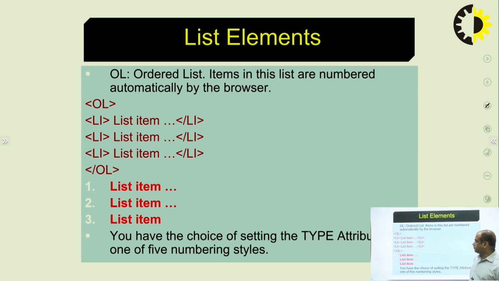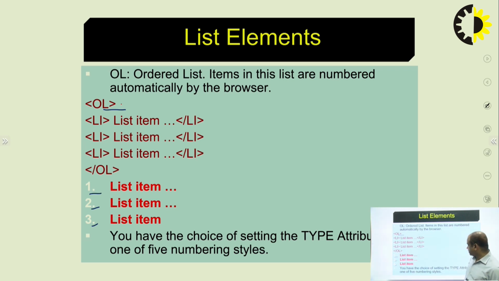For ordered list we will use OL, and the items will be given in li tags. So list items 1, 2, 3 are given, and the marker will be 1, 2, 3 instead of the bullet or square in unordered list.